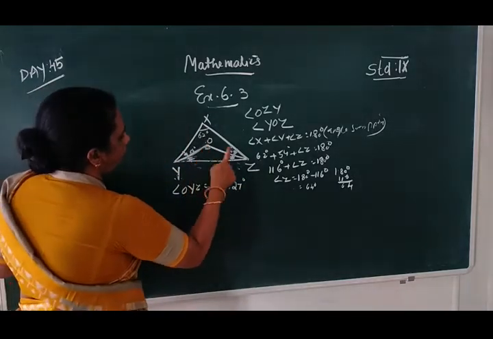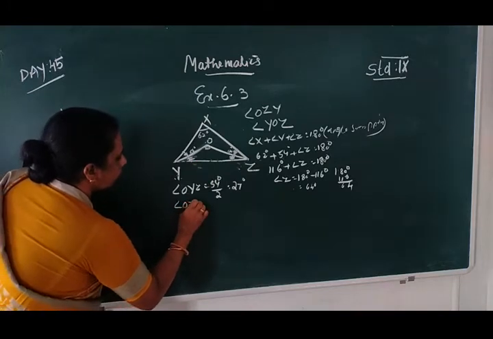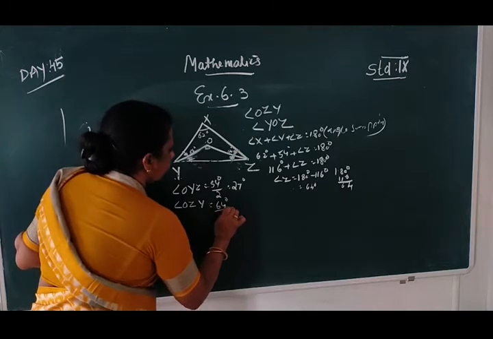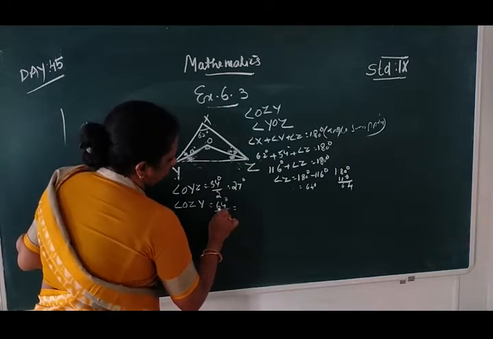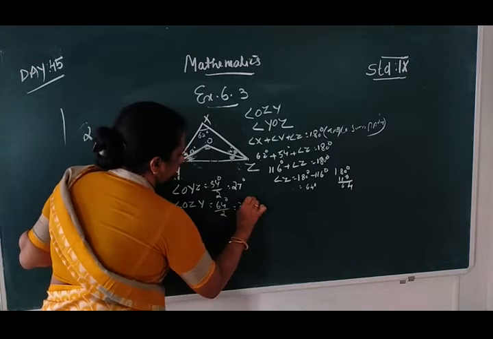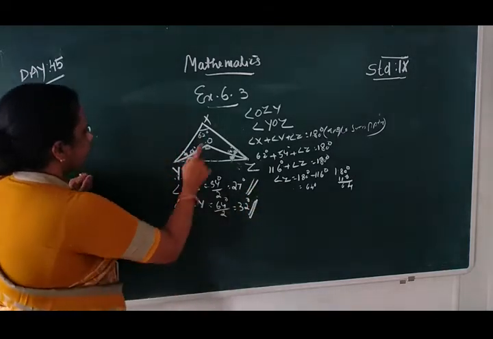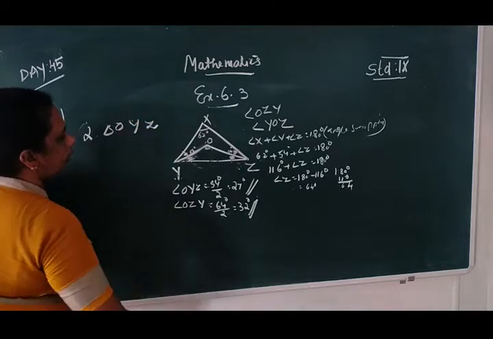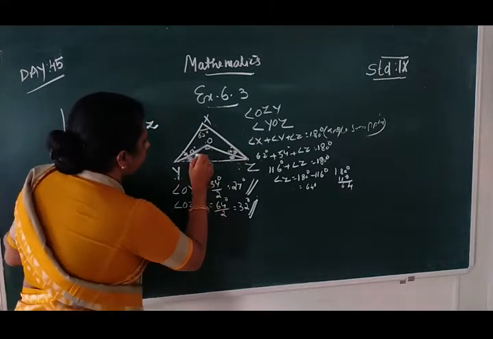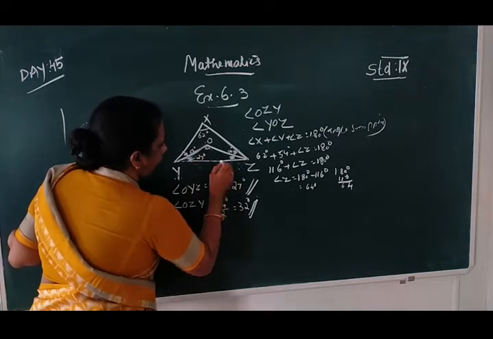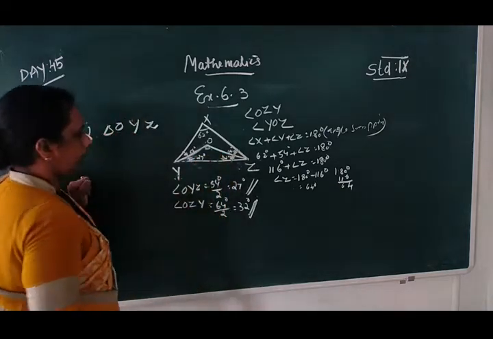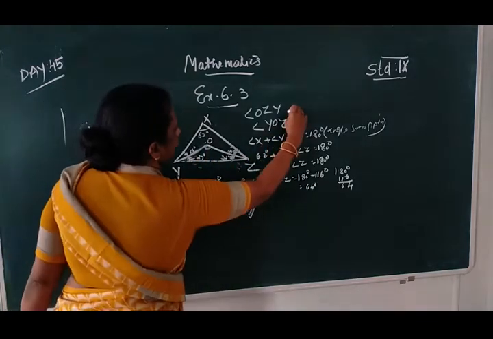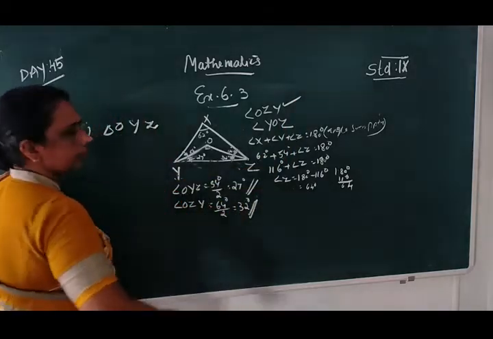Similarly, what is angle OZY? OZY is equal to the complete angle 64 degrees by 2, which is 32 degrees. In triangle OYZ, these two angles are 27 degrees and 32 degrees, so angle OZY is 32 degrees.